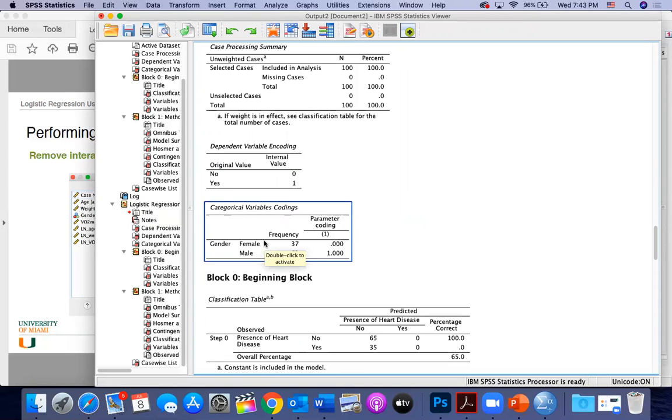This table shows that for gender, remember that we decided that the first group is the reference. So SPSS understands that female will be coded as 0 and male will be coded as 1. You have to do this step manually because SPSS does not do it for you automatically.